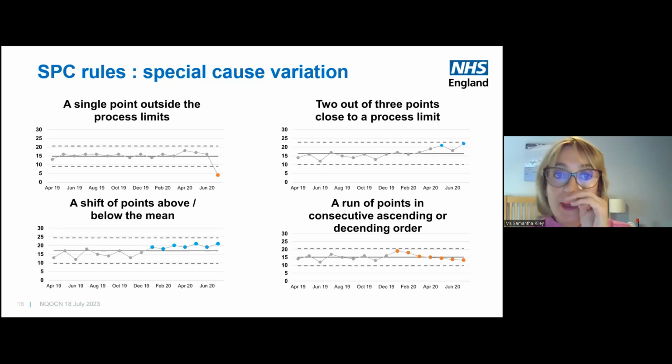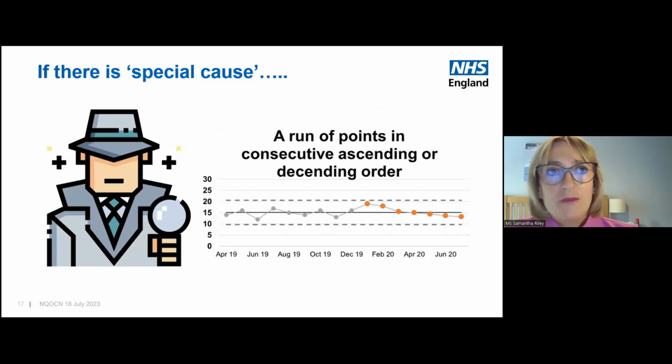Now, if you are colourblind, you can see the difference between those colours, and you can't see the difference between those red and green colours that we've been using for quite a long time. So on these charts, all you need to look out for is blue dots means improvement and orange dots means deterioration. And all of our tools do this colour convention for you automatically. So if we've got a rule triggered, if we've got special cause variation, we need to go and investigate. We need to go and ask some questions.